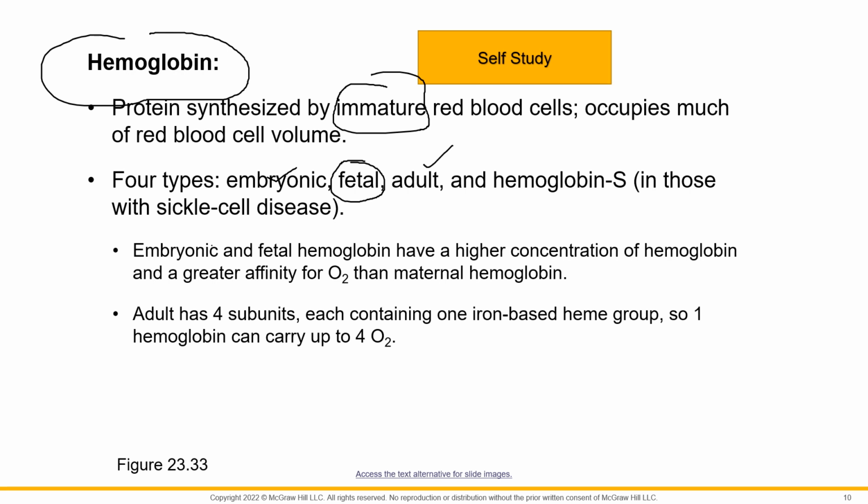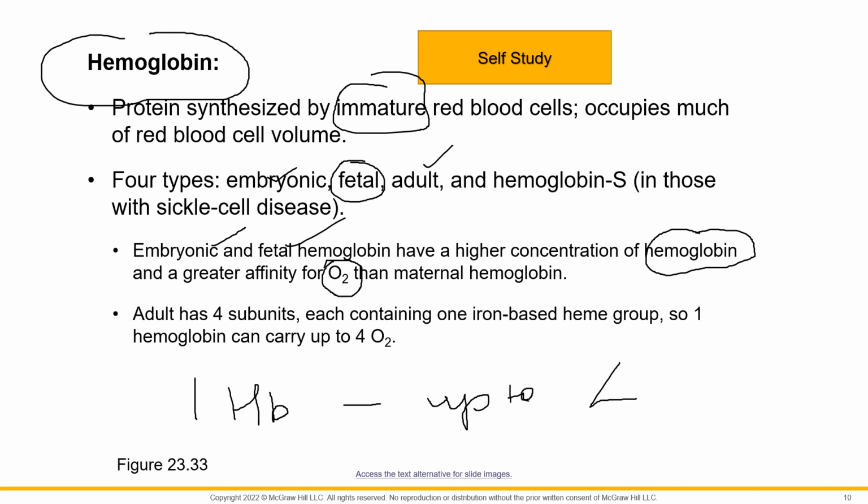So essentially, embryonic and fetal hemoglobin have a higher concentration of hemoglobin itself, and therefore a greater affinity for oxygen gas. Remember, one hemoglobin molecule can carry up to 4 oxygen molecules.